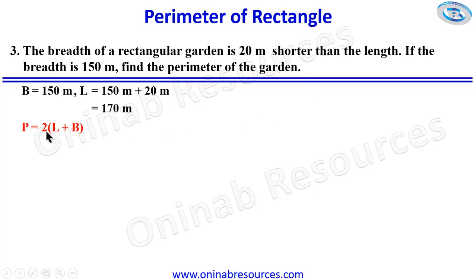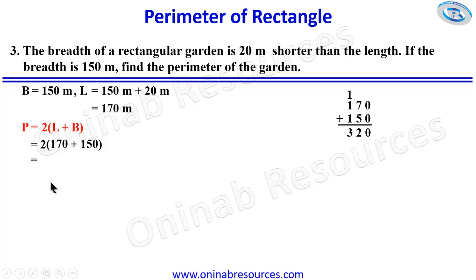So we still remember our formula for the perimeter, 2 into (L plus B). That's giving us 2 into (170 plus 150). 170 plus 150. This is going to give us 0, then 12, right 2, carry 1. This is 1 plus 1 plus 1 gives 3.